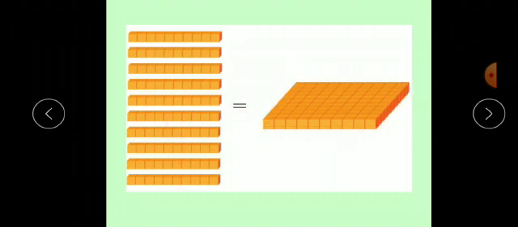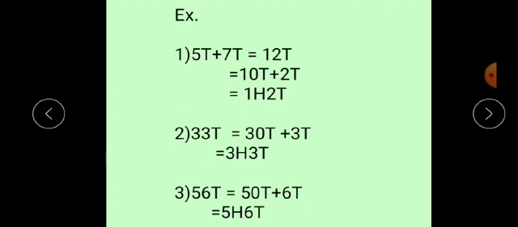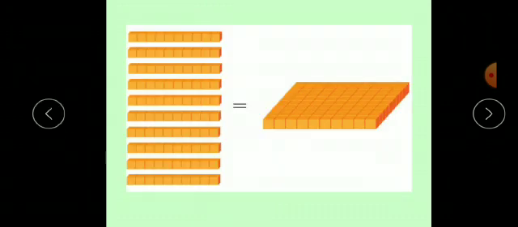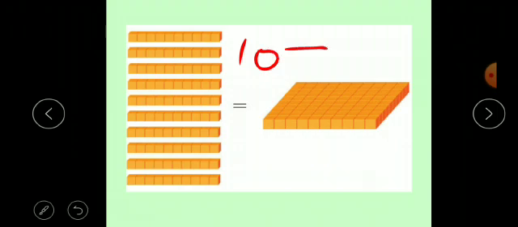Okay, if we combine these 10 tens, what do we get? We get 100. So 10 tens is nothing but 100. Okay, so this can be written as 10T equals 1H. How can we write it? 10T equals 1H.